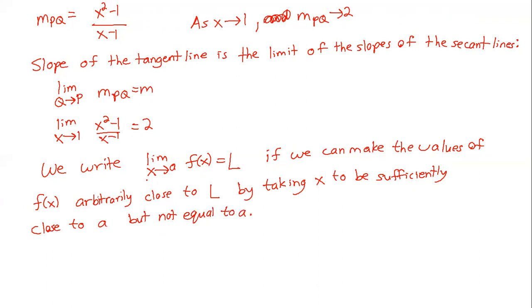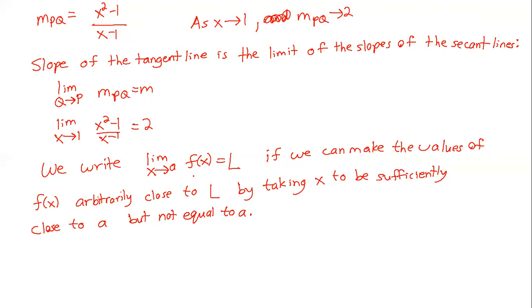So this is somewhat rough. It's not super precise. You make the value of x as close as you want to a, but not equal to a. There's a sense of what this probably means, but it's not exactly mathematical in construction, though it gives us a sense of what we're talking about.